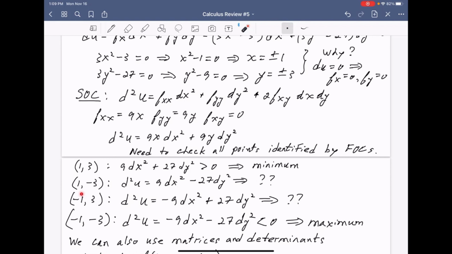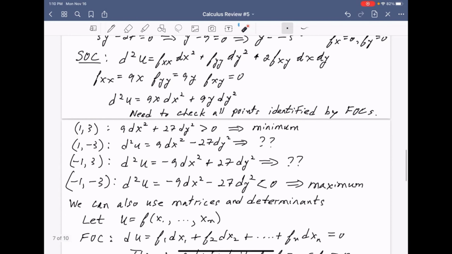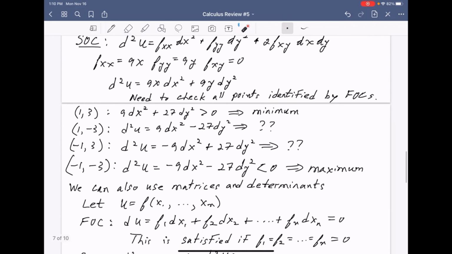Now let's look at x equals minus 1 and y equals 3 and then minus 3. We find that minus 9 dx squared plus 27 dy squared. We don't know whether that's greater than or less than 0. So again, we get a question mark and we can't answer whether this is a minimum or maximum or what it is.